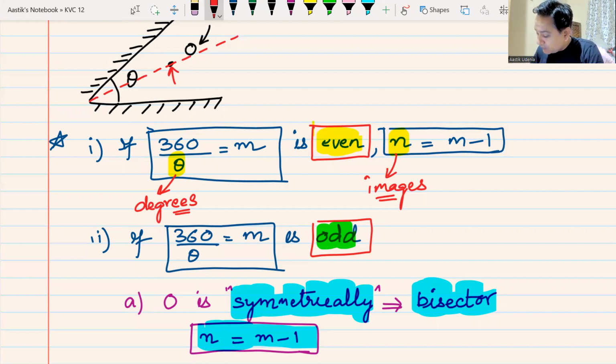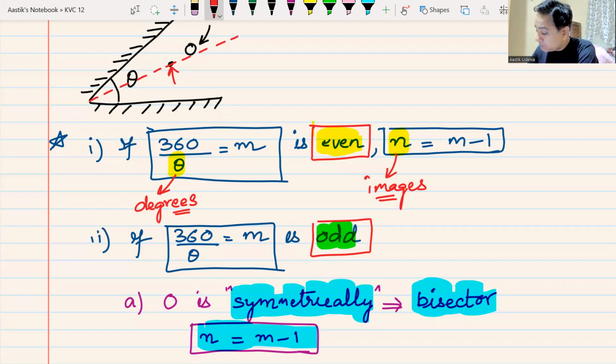If O is placed asymmetrically, when I say asymmetrically, I mean not on the bisector, then my n will be equal to m.